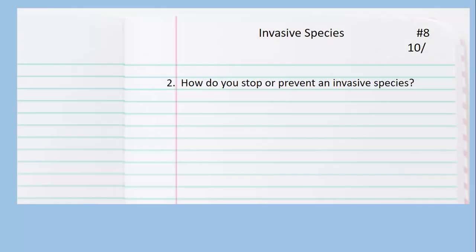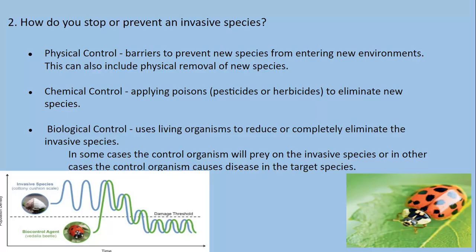So question number 2 is, how do you stop it? How do you prevent an invasive species from happening? There are 3 main ways that we can prevent this from happening. So there's physical control, chemical control, and biological control. Physical control is actual barriers that prevent a species from entering a new environment.